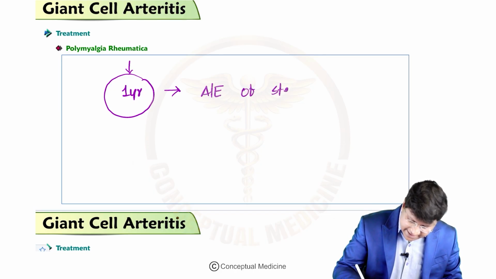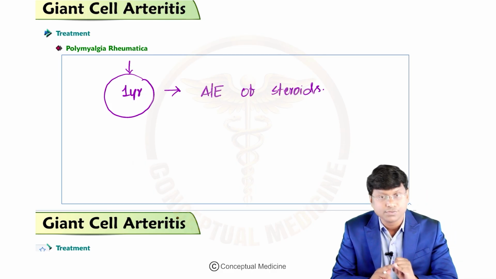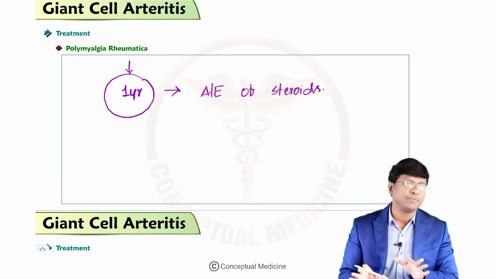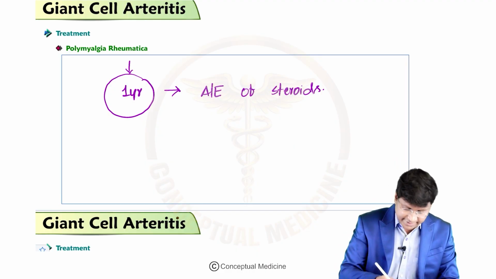There are multiple adverse effects, like osteoporosis, proximal myopathy, development of peptic ulcer, and iatrogenic Cushing syndrome. So care should be taken to prevent these adverse effects of the corticosteroids.